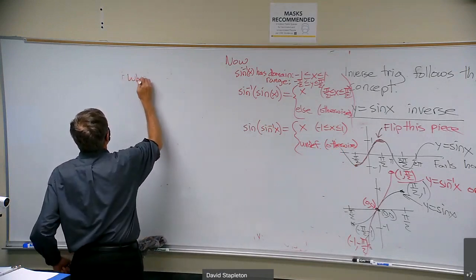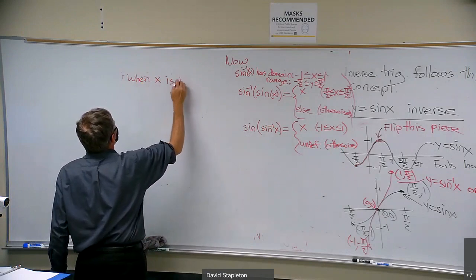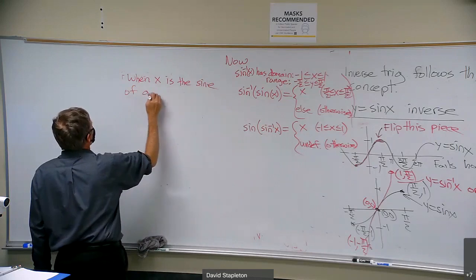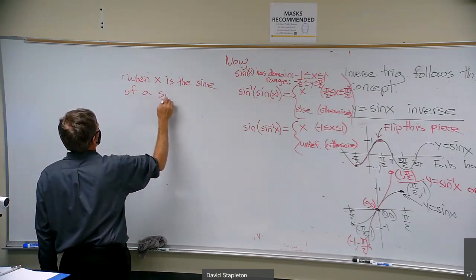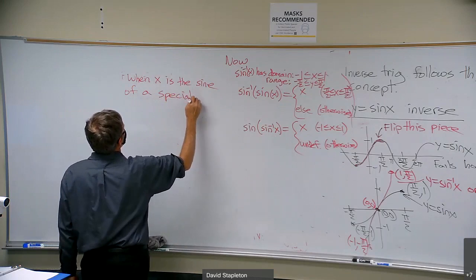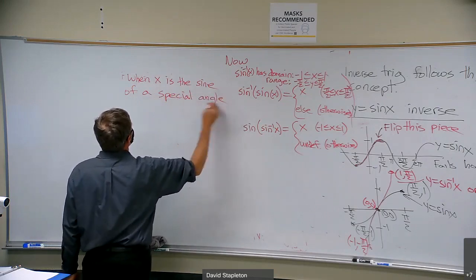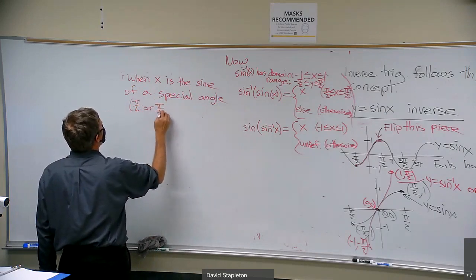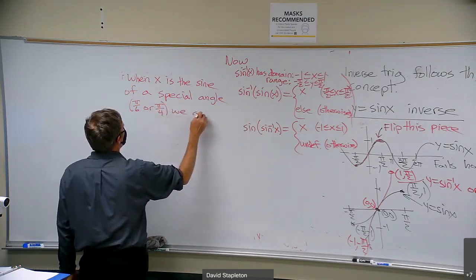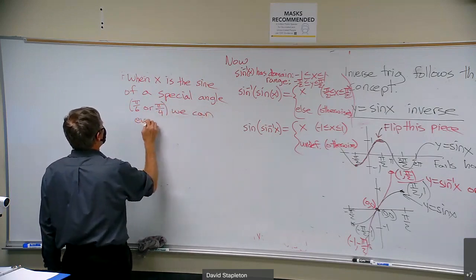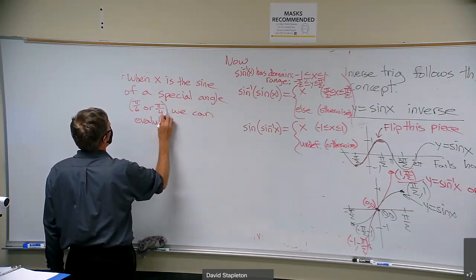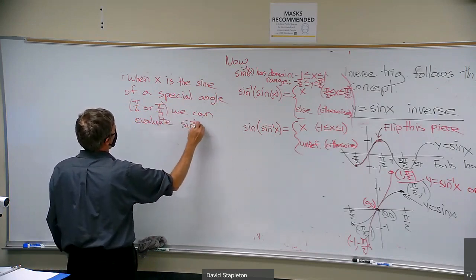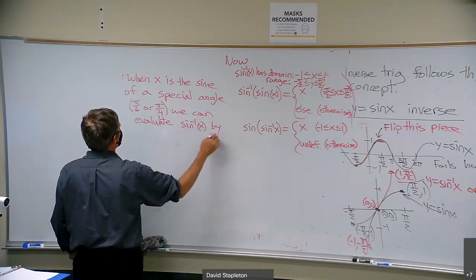So when x is the sine of a special angle, a multiple of pi/6 or pi/4, we can evaluate inverse sine of x, or arc sine of x, by hand exactly.